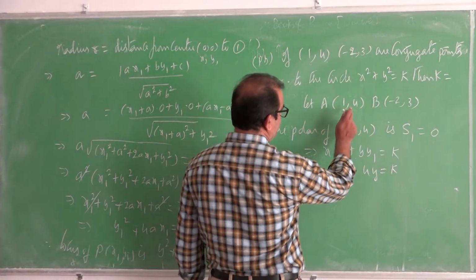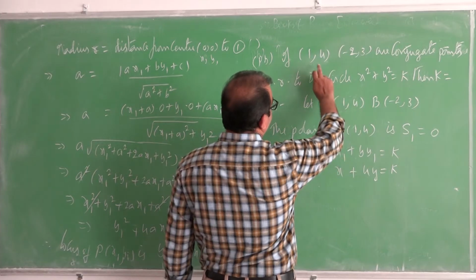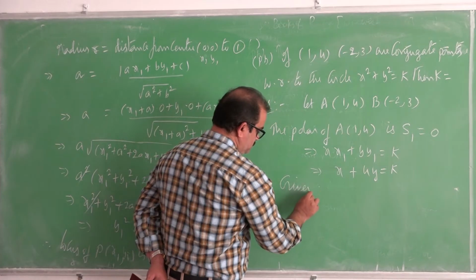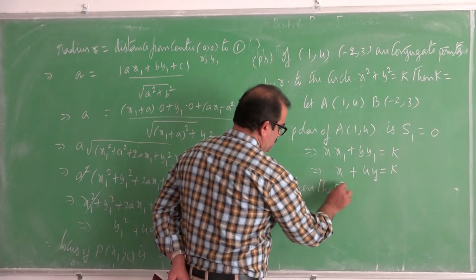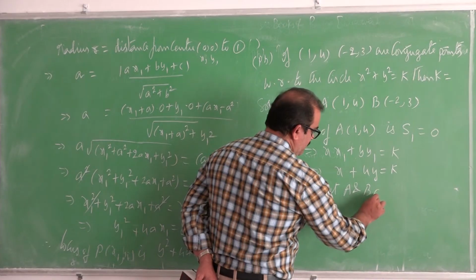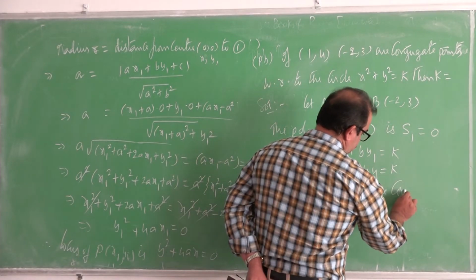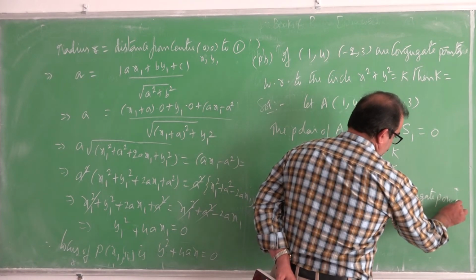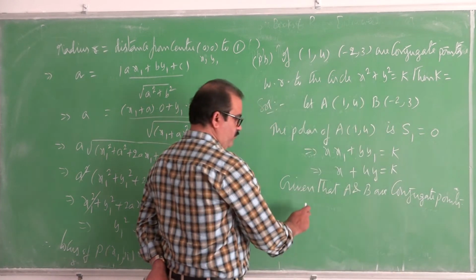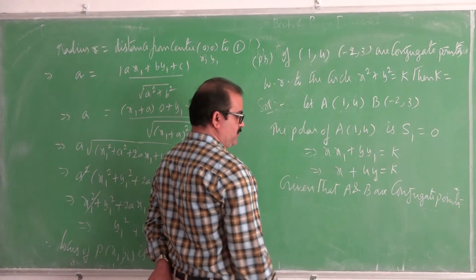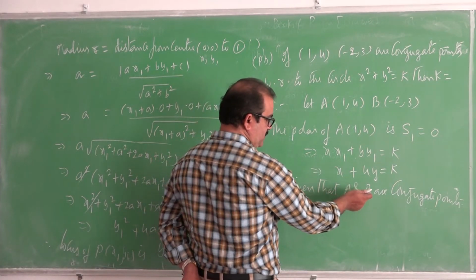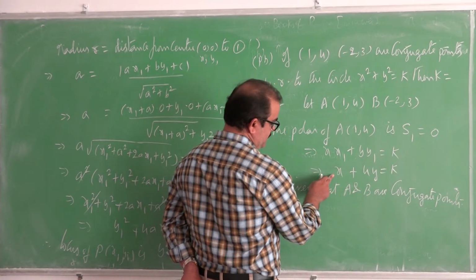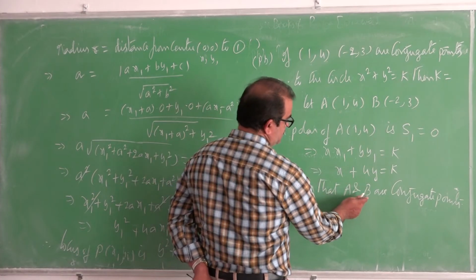This is the polar of A. But given that A and B are conjugate points, when 2 points are conjugate, polar of one point passes through the other. We already found polar of A, this line. This line passes through the second point B.